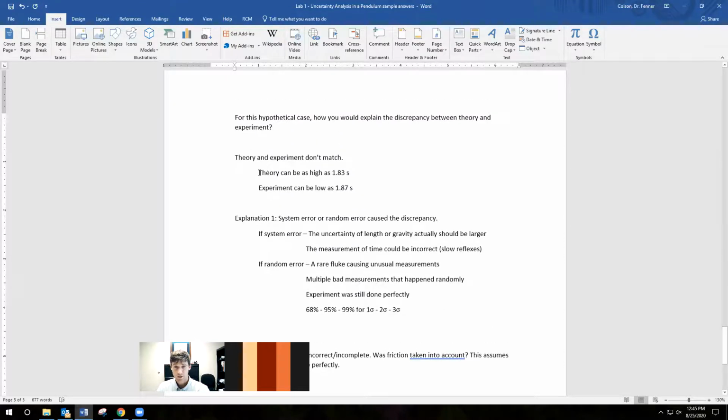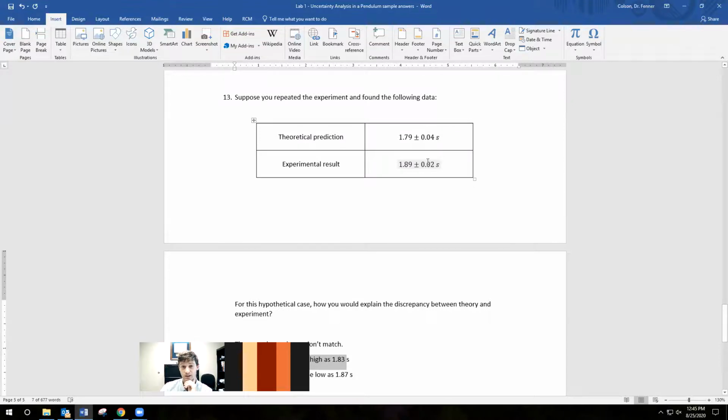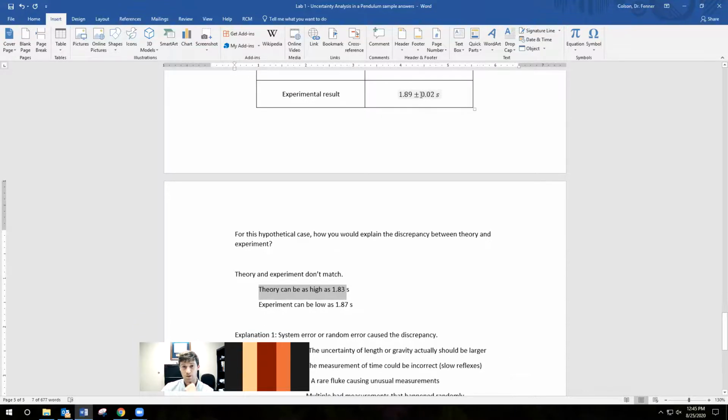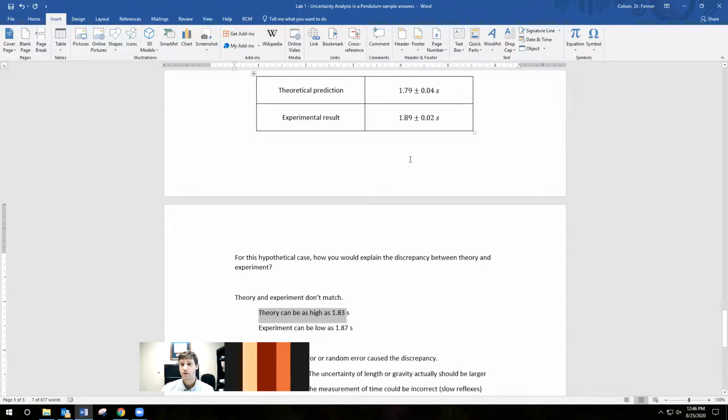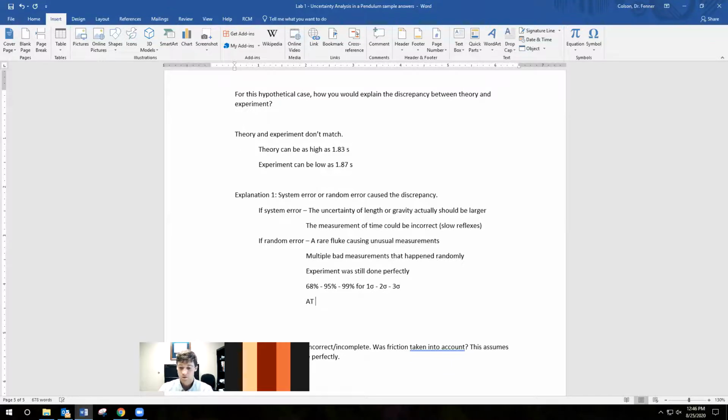So like we said, the theory can be as high as 8.3, and the experiment can be as low as 1.87 within that 1 sigma uncertainty range. But we identified 0.02 as the standard deviation, and so if we go to a confidence interval of 3 standard deviations, we would be at plus or minus 0.06, which actually would be within the theoretical prediction range. So we could even write that down.